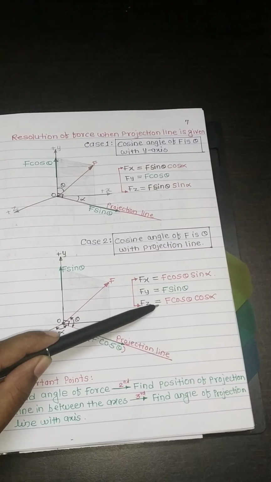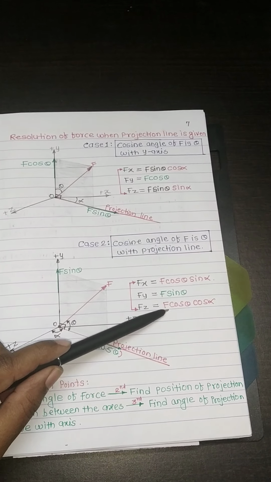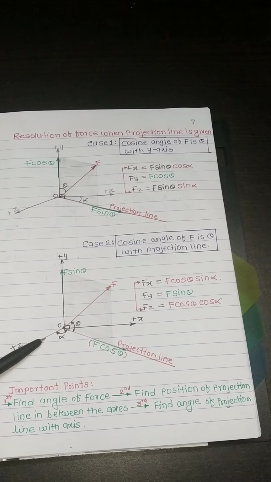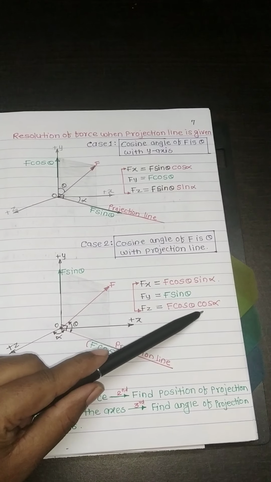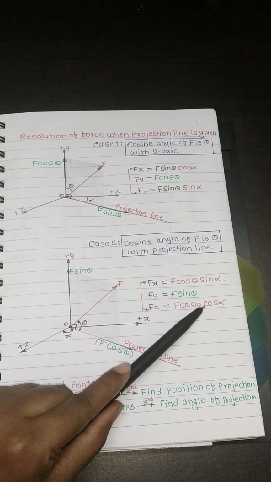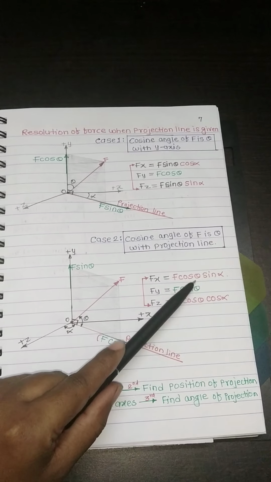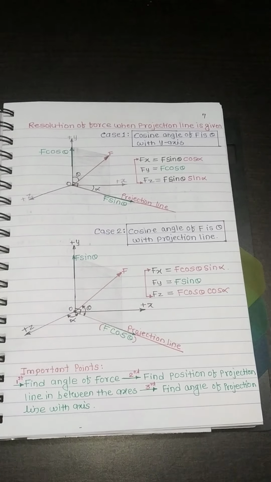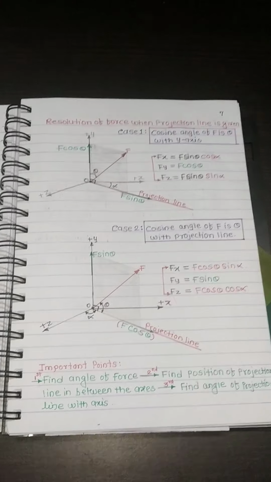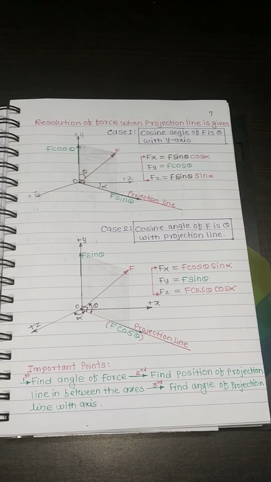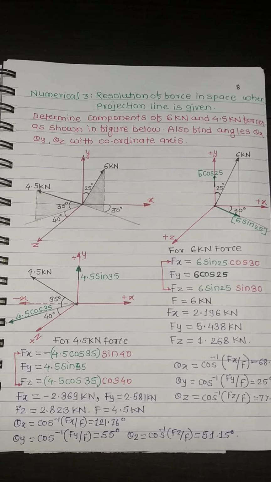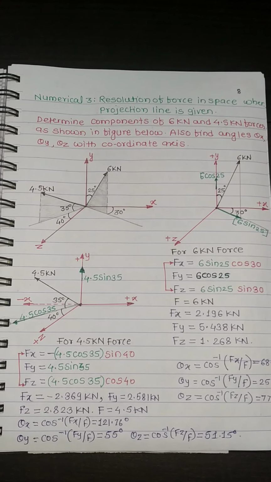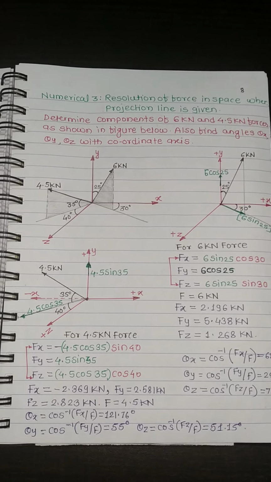In this, the angle of the projection line with the z-axis is given. Therefore, along the z-axis with respect to alpha it is cos alpha, along the x-axis it is sin alpha. In this manner, we now see the numerical related to this topic, resolution of force in space when the projection line is given.